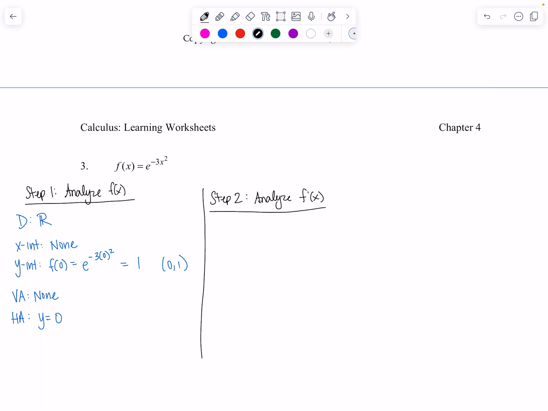Our first derivative, we'll take the derivative, so we've got negative 6x e to the negative 3x squared.